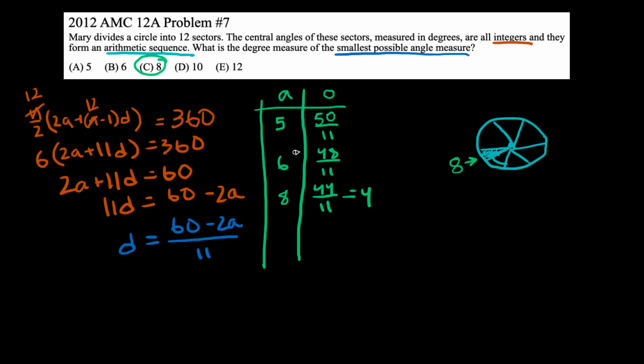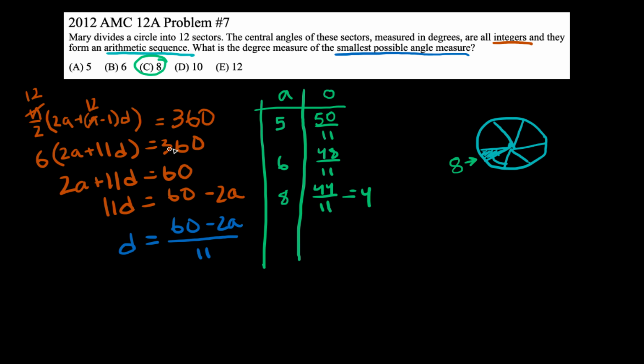And if you don't understand this exactly, just try to realize. I'll try to give an overview of this problem. Basically, we used the sum formula, summing all of these angle measures of these different parts of the circle over here, and there are 12 of them. So since there are 12 of them, we substituted 12 for n in this formula. And since it was a circle, they all add up to 360.